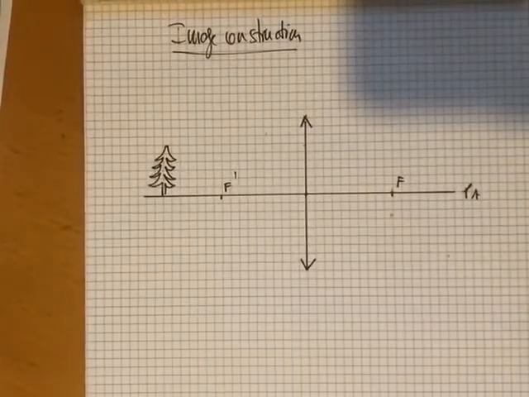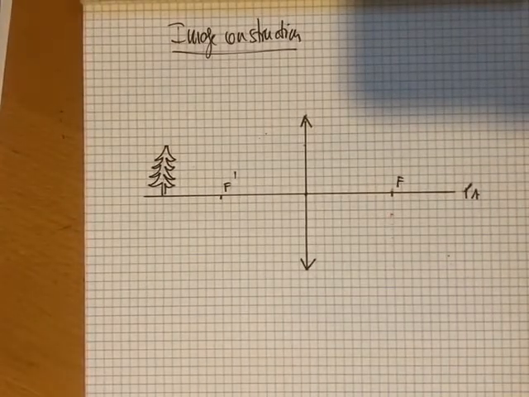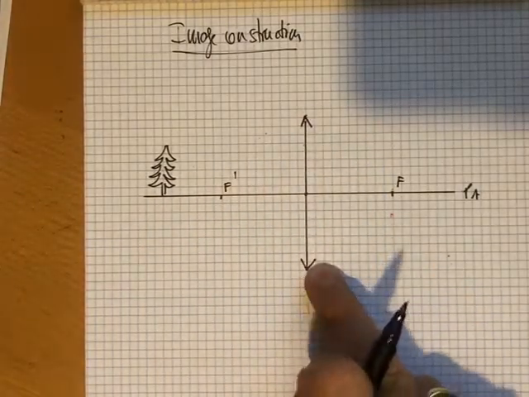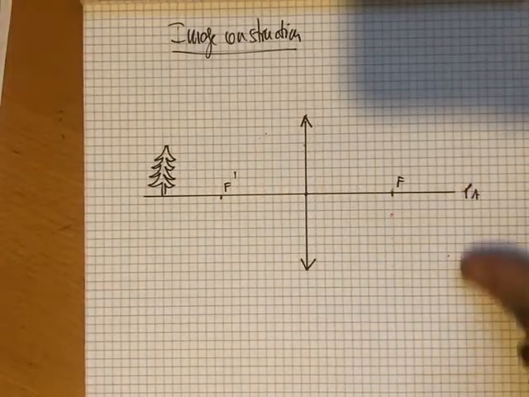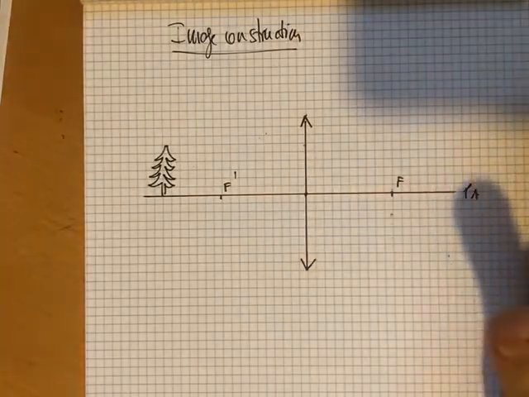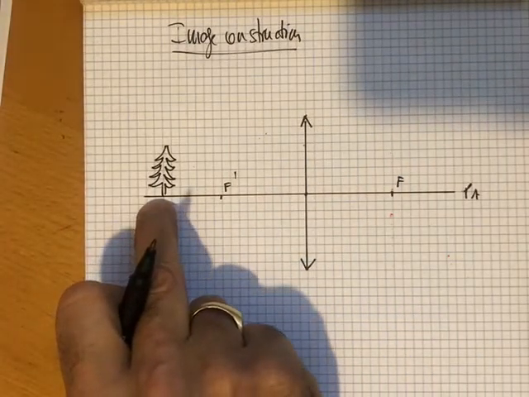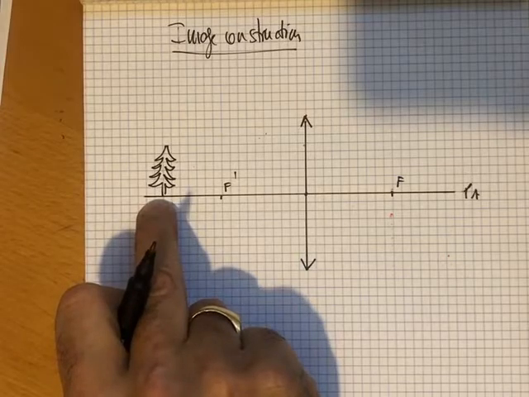And we want to know what is the image of this Christmas tree through this lens. In other words, if I have this tree here, I put a lens and I put a screen here, where do I need to put my screen in order to see the image of this tree sharp? This is the real question.